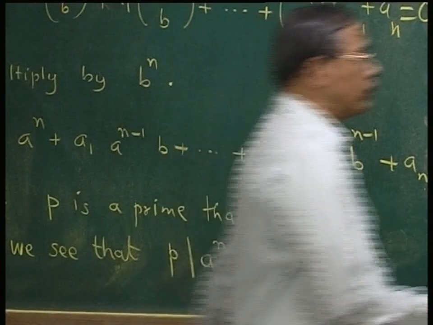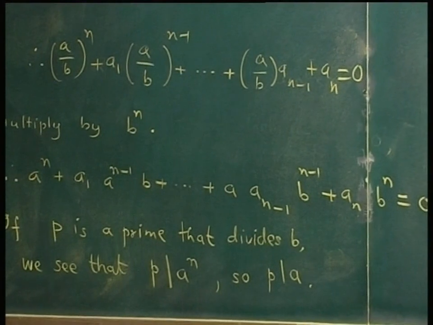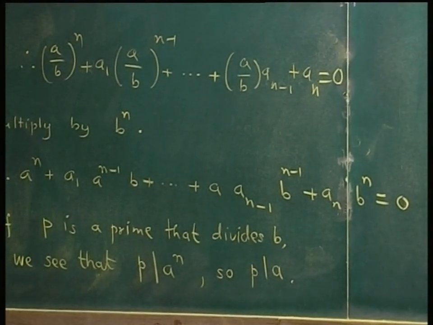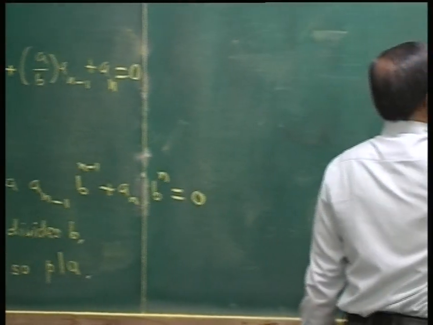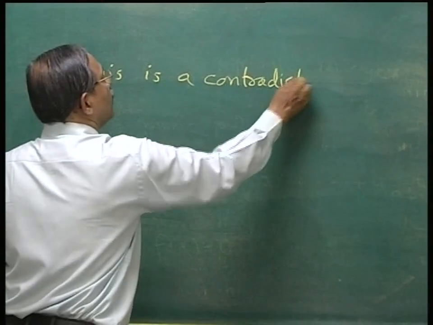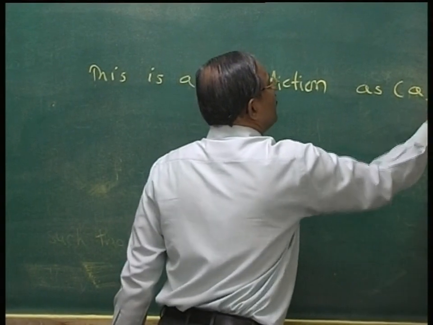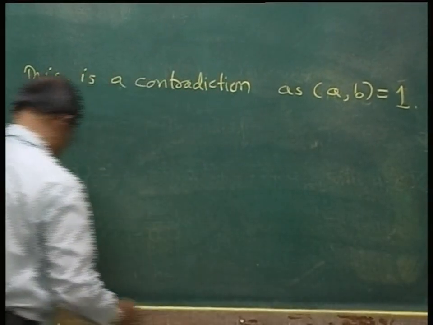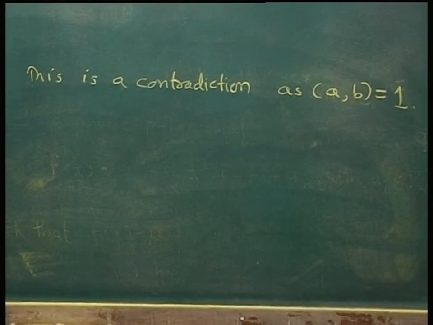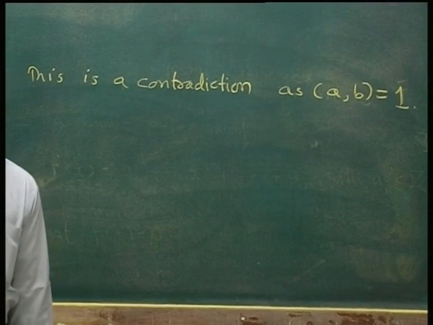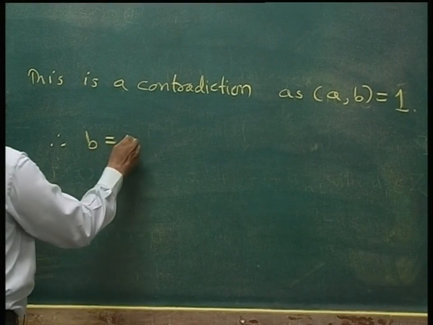And this is a contradiction because we have already assumed that GCD of a and b is 1. Therefore, no prime can divide b, and therefore b has to be plus or minus 1.